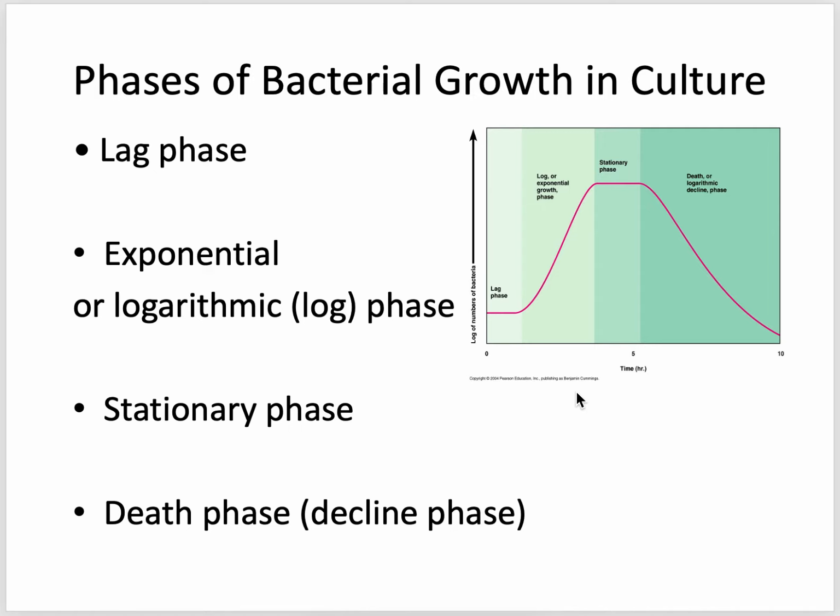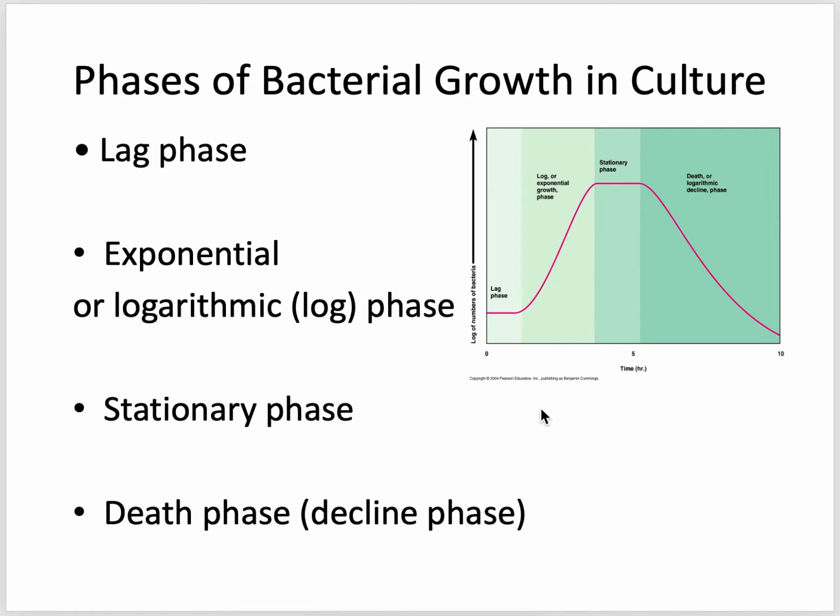Whenever you add inocula into new culture media, the bacteria don't start to multiply immediately. Why? Because you have inoculated the bacteria into a new environment. Many times, the bacteria first need to get adapted to the new media environment.